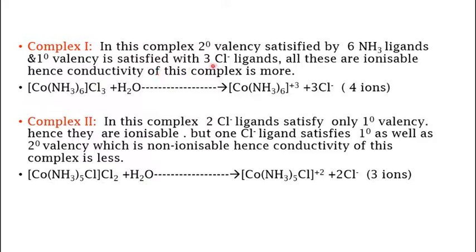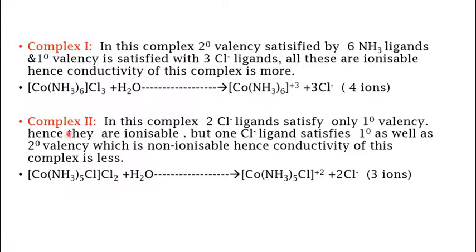It is satisfied with 3 chloride ions, and all these 3 are ionizable in nature. Therefore when they dissociate in water, that is when they ionize, they will form [Co(NH3)6]3+, which is a single entity, and 3 chloride ions. So there are totally 1 plus 3, that is 4 ions. It means that the molar conductivity will be high in this case, because there are 4 ions present.